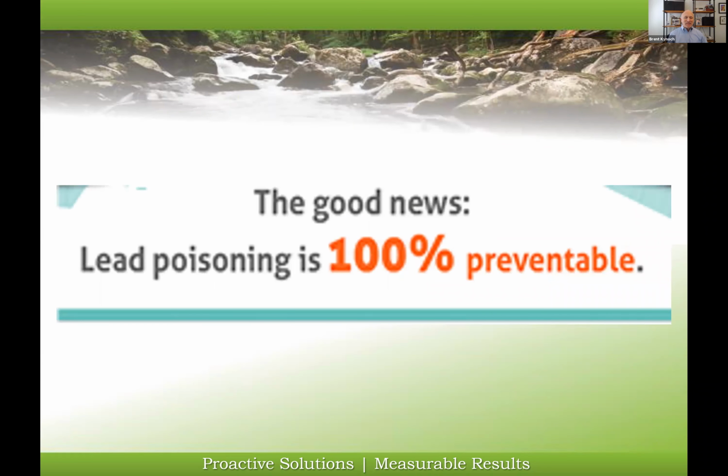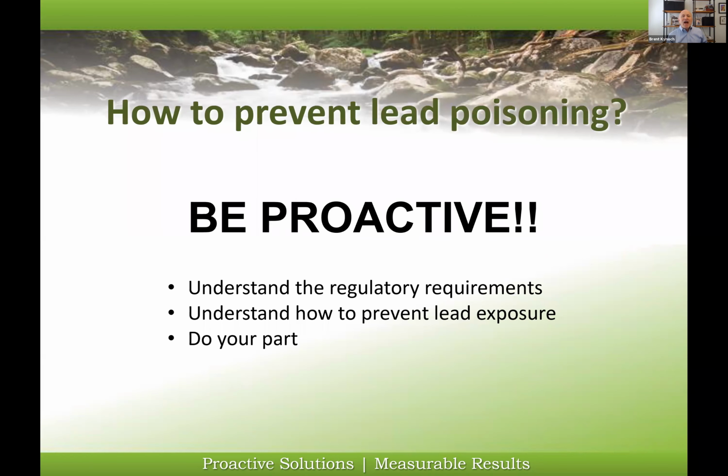The good news is, and this is again from a CDC flyer, lead poisoning is 100% preventable. I want to make that very clear today because all of this is preventable, and all of us involved in this webinar need to be doing our part to really try to prevent lead exposure, which might result in lead poisoning. How do we do that? Well, it's all about being proactive.